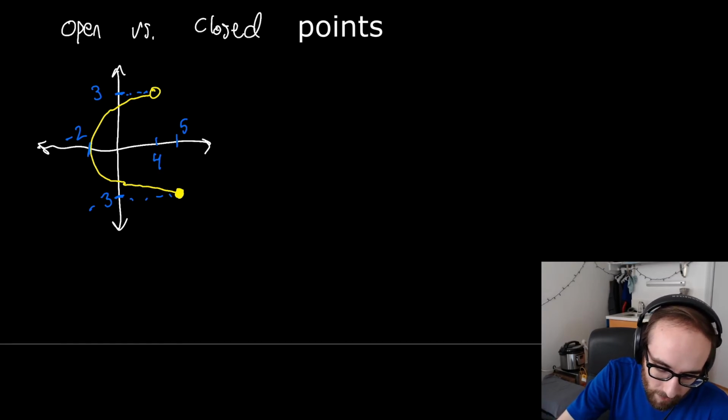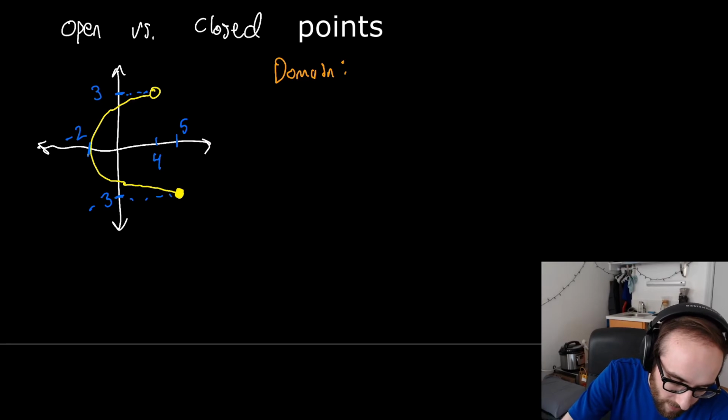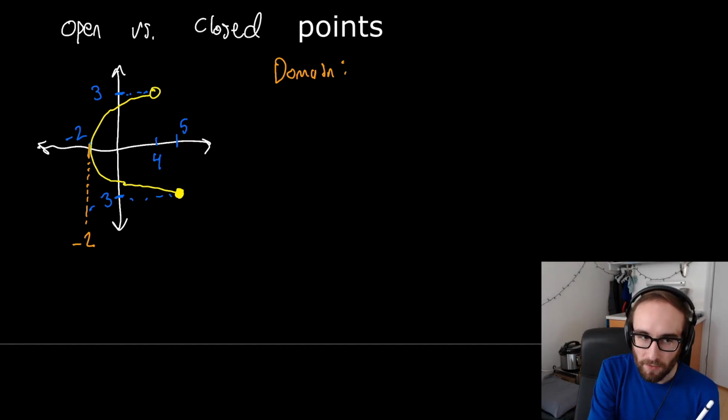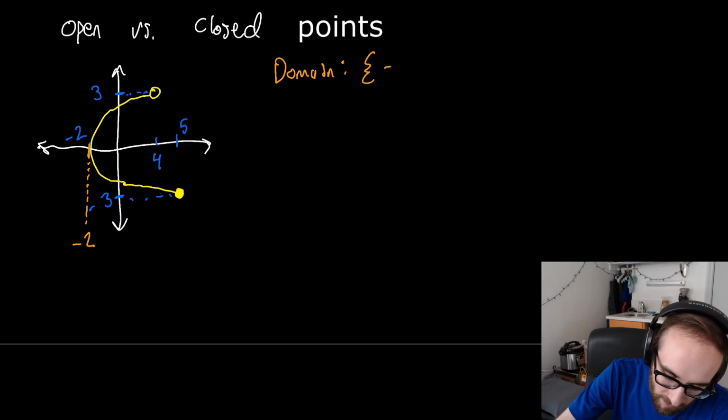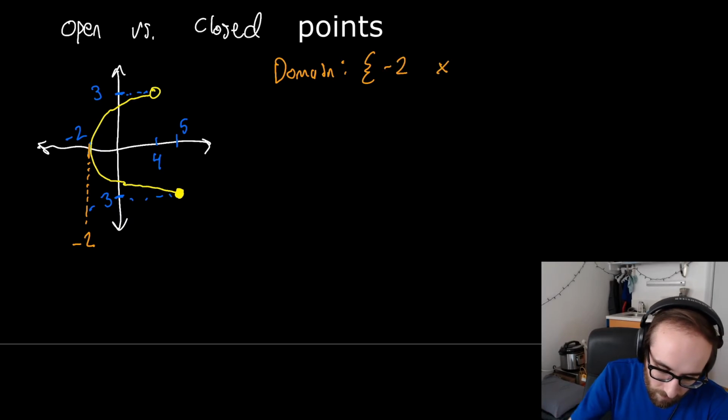Let's take a look at the domain. So for the domain, we can see that the -2 is our smallest value. We can see our graph actually reaches -2 and then starts going in the other direction. So -2 is going to be our smallest. And then our largest value is 5.